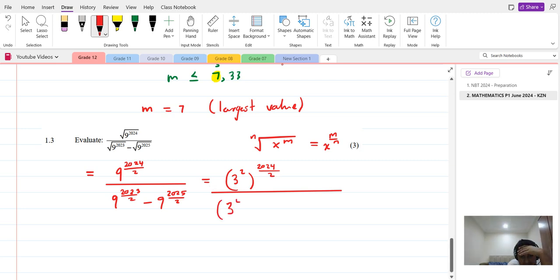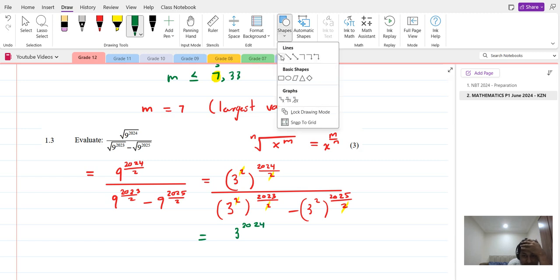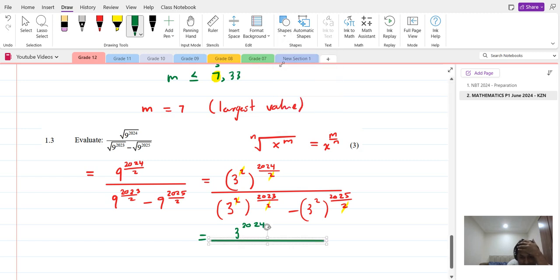3 squared to the power 2023 divided by 2, subtract 3 squared to the power 2025 divided by 2. Now you can clearly see that all the 2's cancel out. And then what do we have here? We got 3 to the power 2024 divided by 3 to the power 2023, subtract 3 to the power 2025.